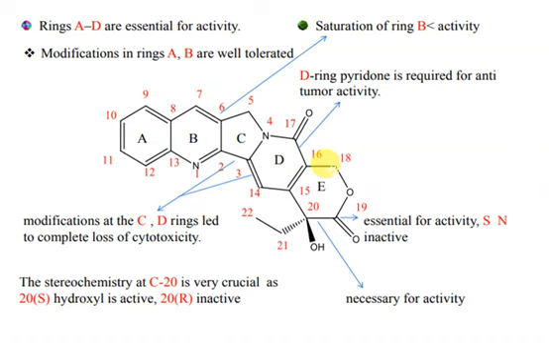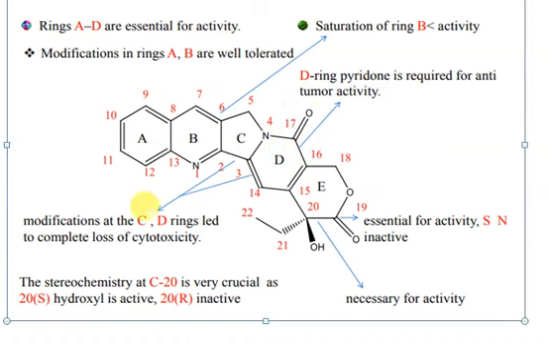So it means that the E ring should not be changed much. Then if we modify the C ring or the D ring here, that results in loss of cytotoxicity. So if we are using this drug as an anti-cancer agent, it will not be usable as an anti-cancer agent if you modify the C and D rings.